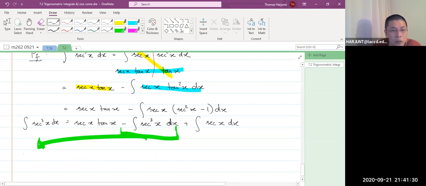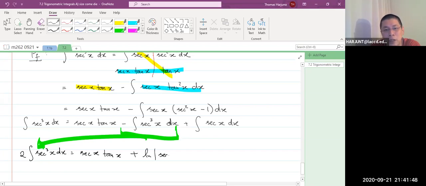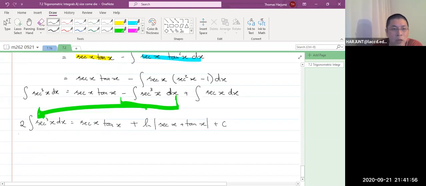I get 2 times integral of secant cube x dx equals secant x tangent x plus integral of secant x, which is natural log of secant x plus tangent x. Don't forget plus constant. Now we divide by 2.